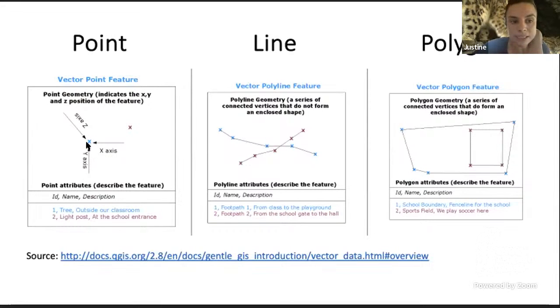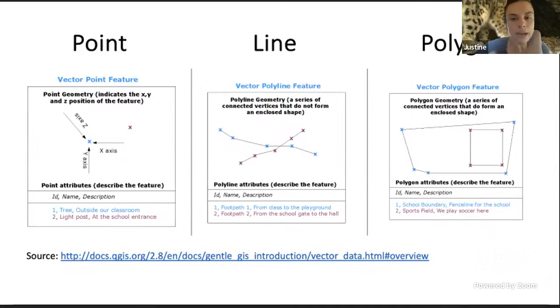For example, this X in blue could have information related to what type of tree it is, or what color it is, the size, and so on. The line could have information on its length, what the name of the line is, and so on. So each of these attributes basically describes the features, and there can be countless different attributes for each feature.